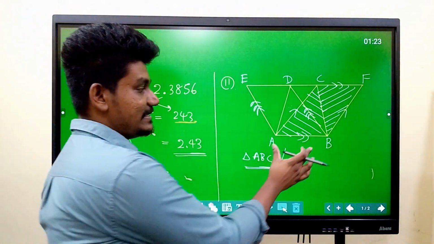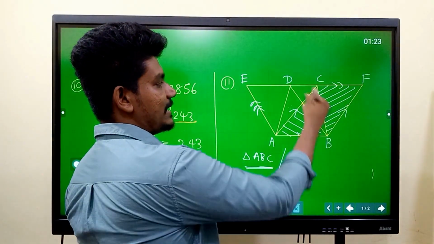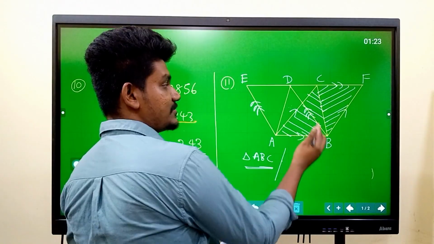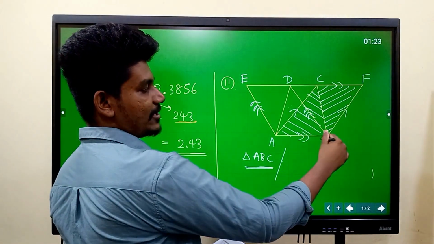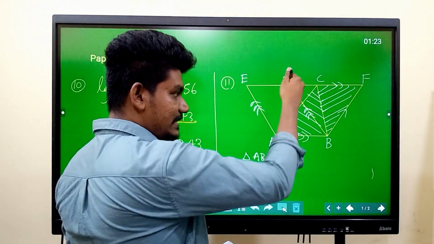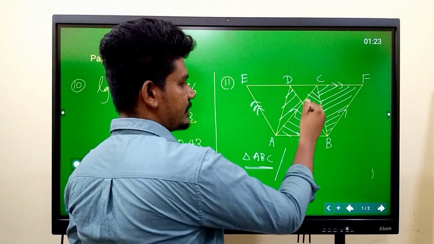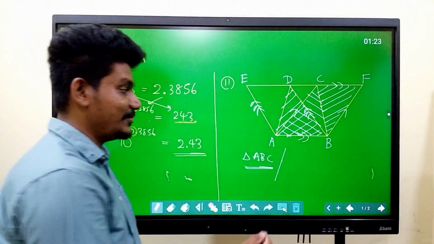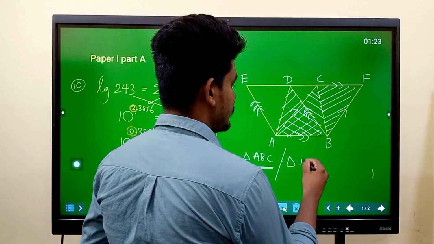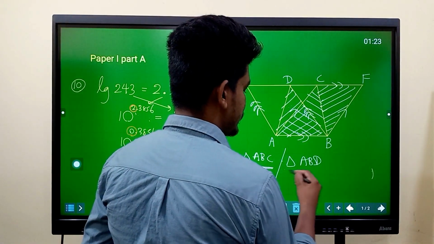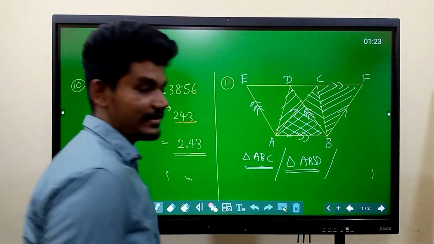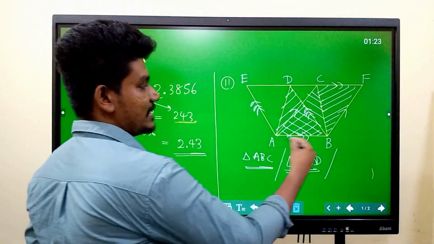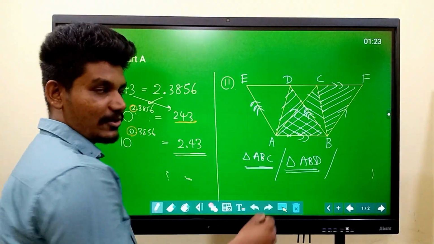Then, can you see this one? ABC and ABD triangles are equal in area. Why? Because these 2 triangles lie between the same pair of parallel lines and on the same base. Then you can take this triangle as another triangle which equals that area. So, it is the triangle ABD. That's the second answer. Then the third one: ABDE is another parallelogram.